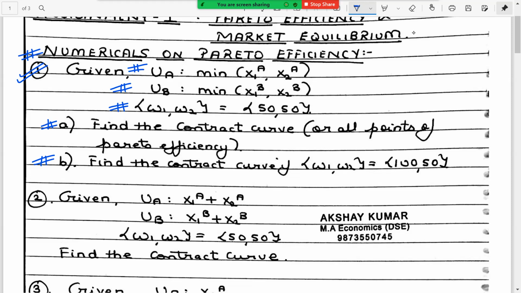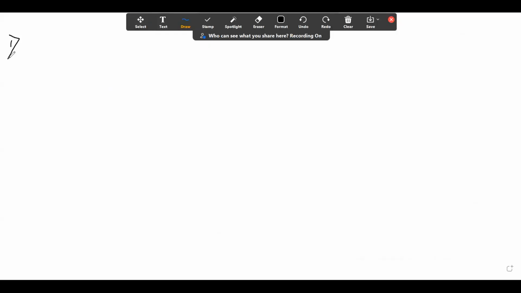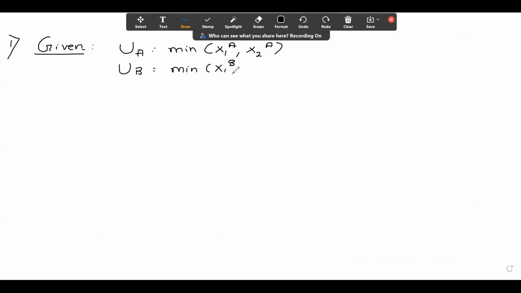Let's quickly solve this question on the whiteboard. Okay, so this is the first question. What we are given are the utility functions of the two agents, which are min of x1a comma x2a, and utility of agent B is min of x1b comma x2b.